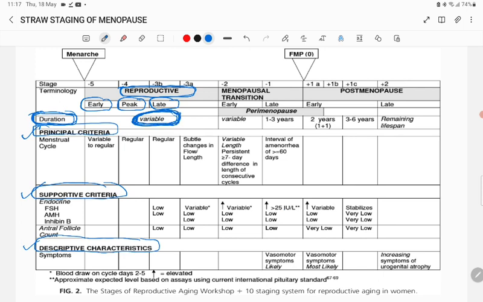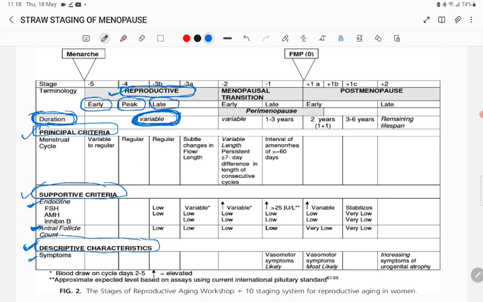Then in the reproductive age group, what is the principal criteria? That is the menstrual cycle, and the supportive criteria is the endocrine, the hormonal levels, and the antral follicle count is included in the supportive criteria. And descriptive characteristics are vasomotor symptoms and urogenital atrophic symptoms.